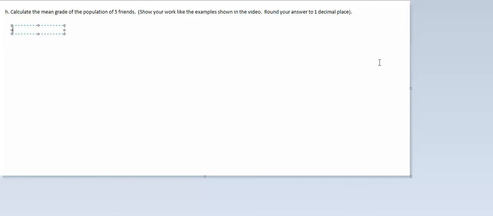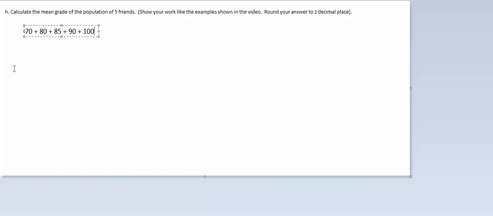So the grades are, let's see, 70 is the lowest one. Then we have 80, 85, 90, and finally 100.